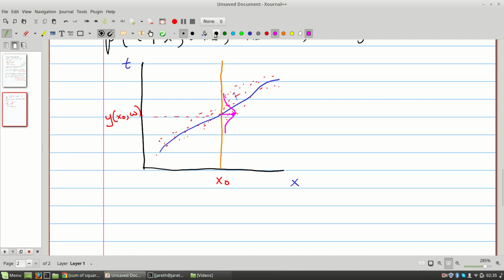So this becomes our distribution, which is represented by probability of t given x0, w, beta, right?